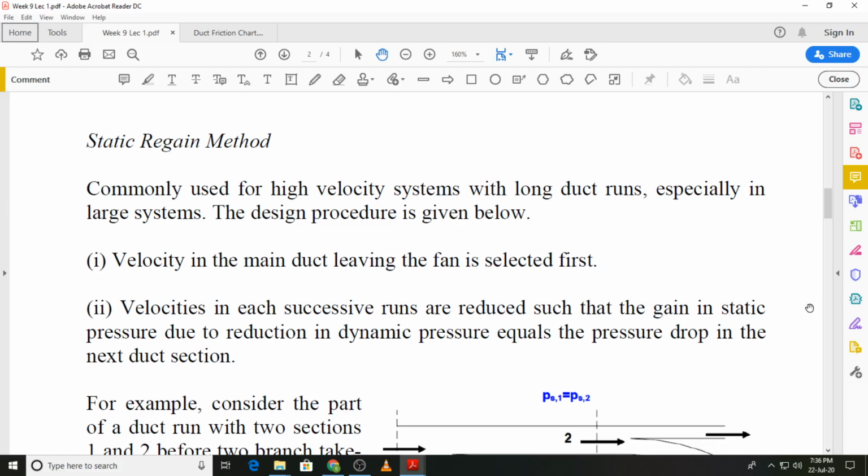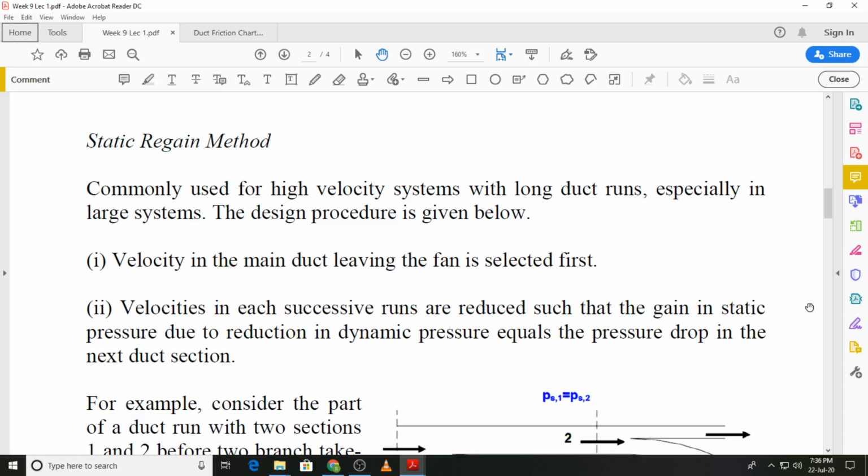So that's why it is more suitable for high velocity systems, because if you start with low velocities, you will end up with very low velocities later on in the duct layout, which will not be practical for our requirements. So that is why it is commonly used for high velocity systems. Another restriction is that it is used for designing supply duct networks and not for return duct layouts.